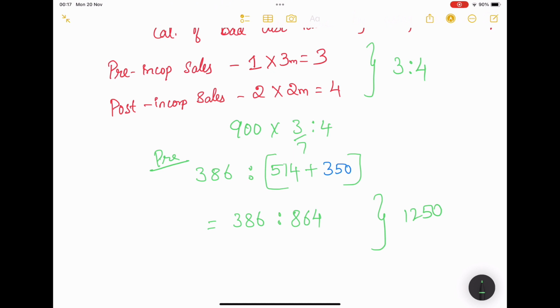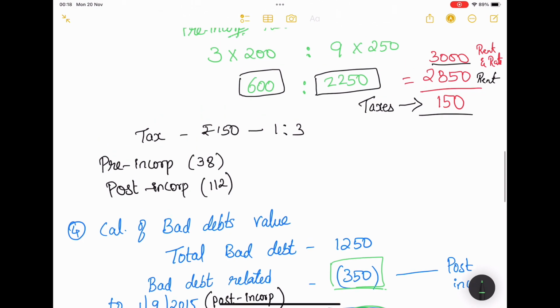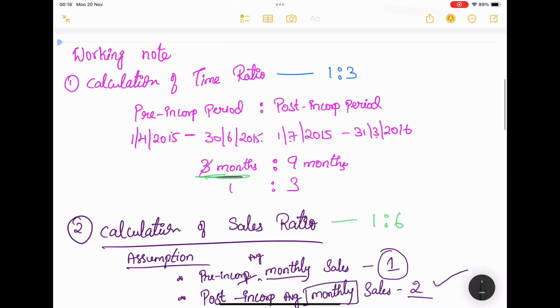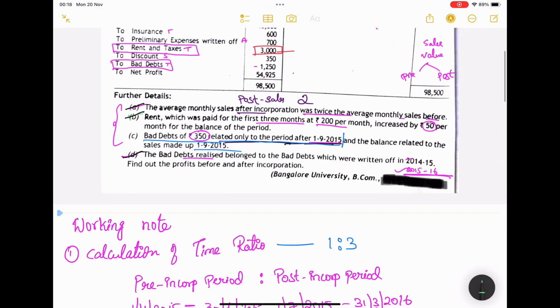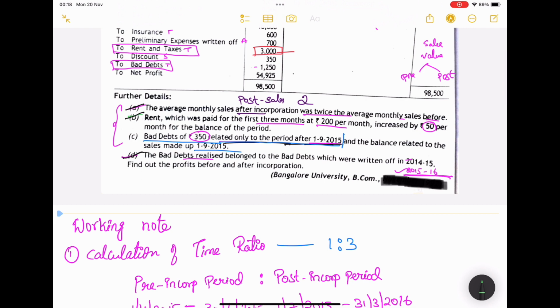So here is the solution for all adjustments, not the full solution. Already the video is more than half an hour, isn't it? Why I'm giving a detailed explanation for the working note is because this is the basis for your solution. If you have missed this, your entire solution will get spoiled.